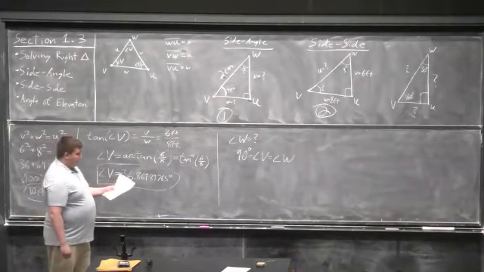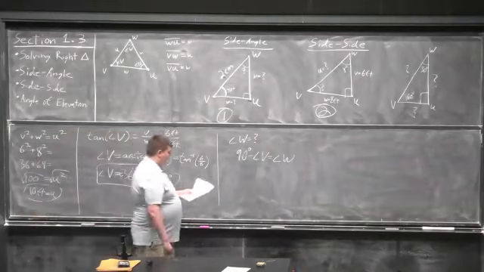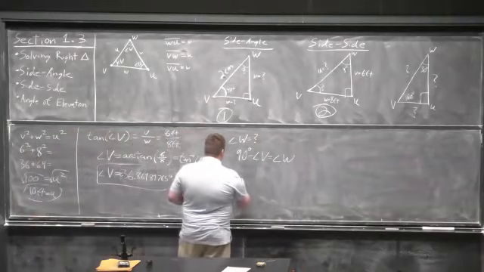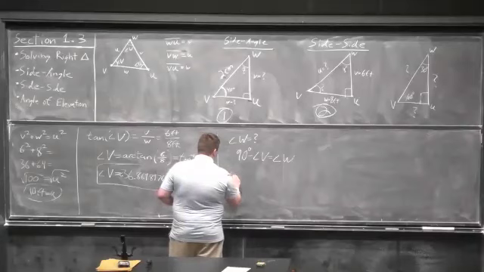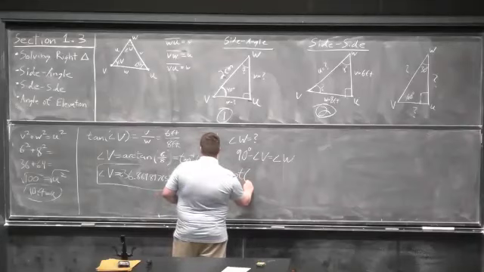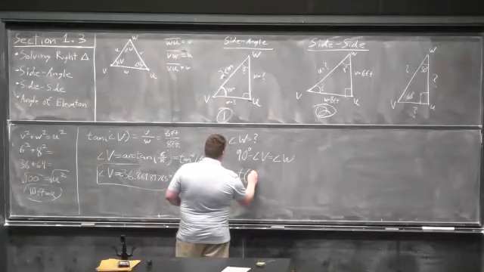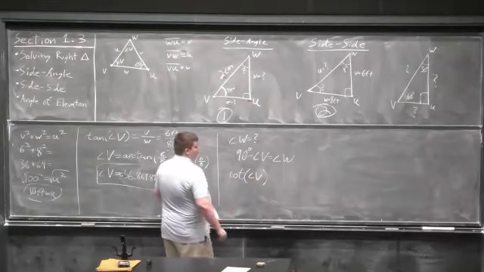So wanting to get an exact answer, I would suggest we do the cotangent of angle V. Why?